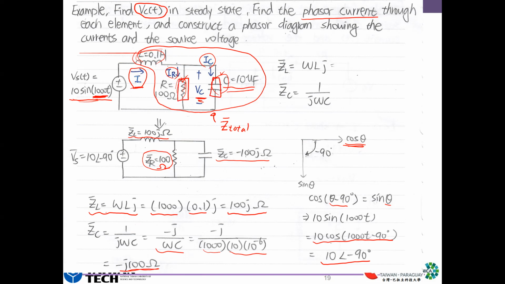So IR equals the phasor of VC divided by R, and IC equals the phasor of VC divided by the impedance of the capacitor.